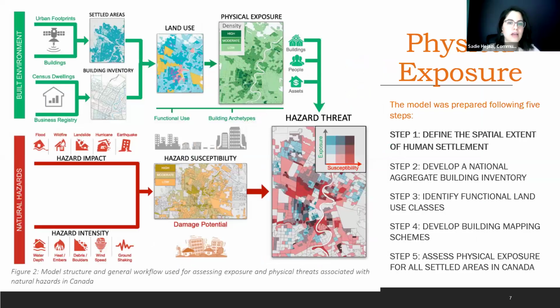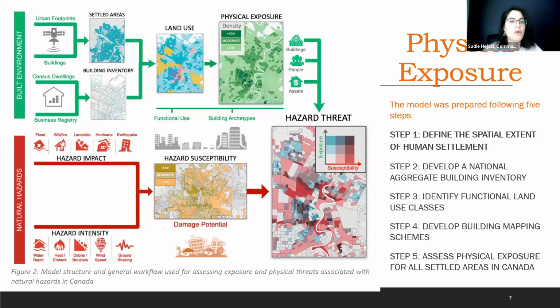And then the other one that I mentioned, the physical exposure. Also at the top, you will see all the factors that go into making that physical exposure, which shows, for example, high, moderate or low density, and then when it comes to disasters.